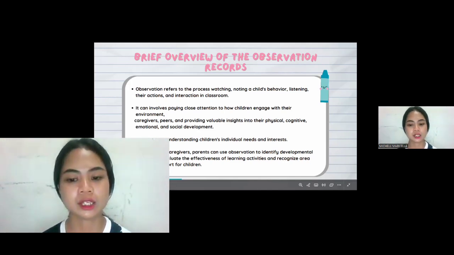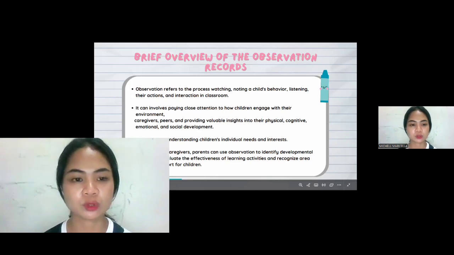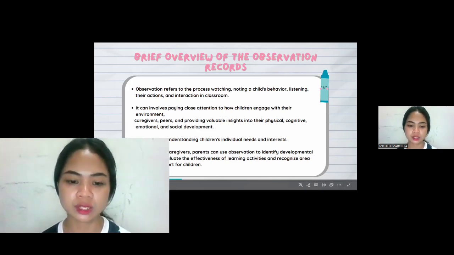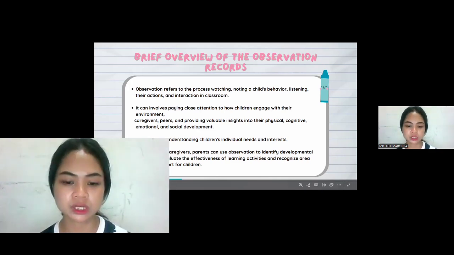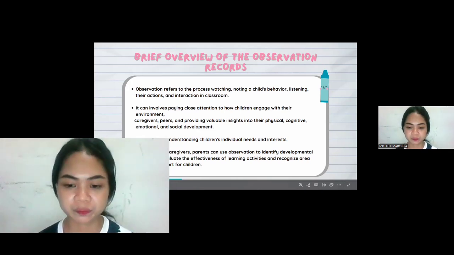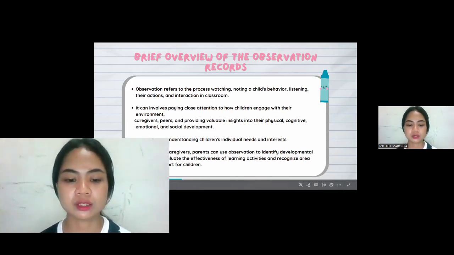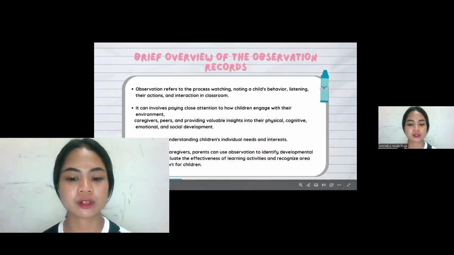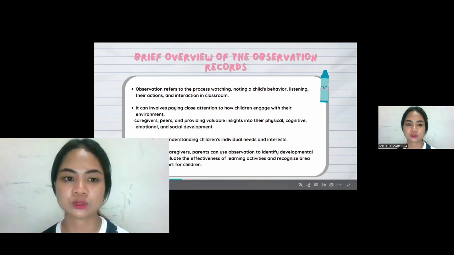Not only that, observation is important to understanding individual children's needs and interests. As an educator, we can use observation to identify developmental milestones, evaluate the effectiveness of learning activities, and recognize what children need to support.